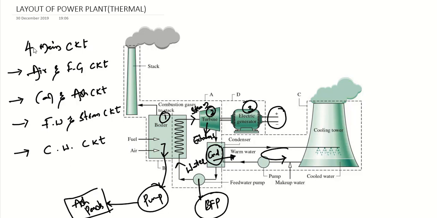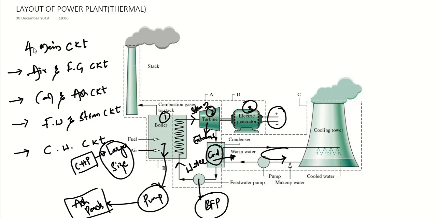The fuel, that is coal, that we are feeding into the boiler we obtain from the coal handling plant, and the coal that we get is larger in size. For proper combustion, the size of the coal particles we feed into the boiler should be as small as possible, so that there will be effective combustion. Why?